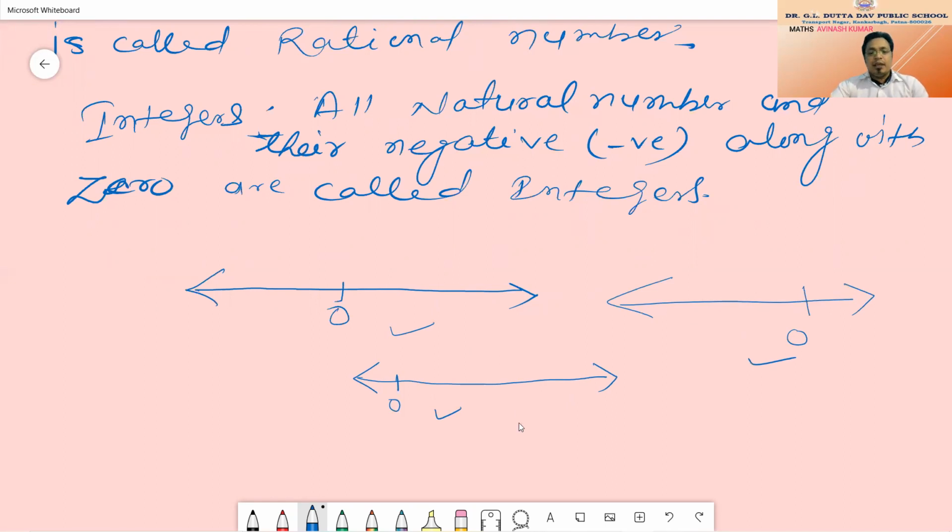Okay, students. Now, the right side of the 0 is positive numbers: 1, 2, 3, 4, like this.